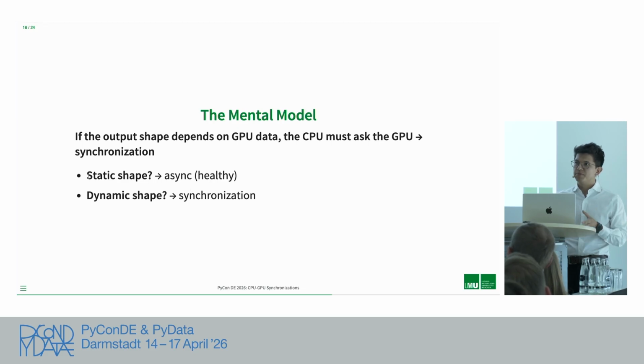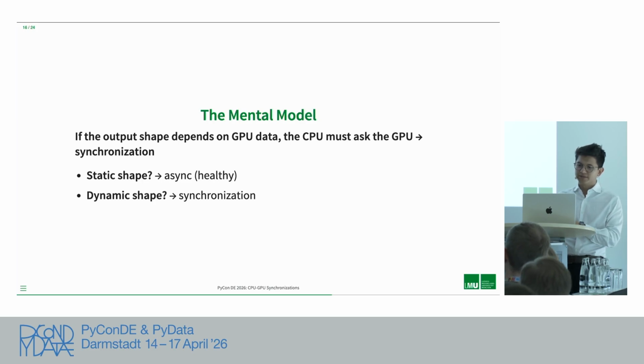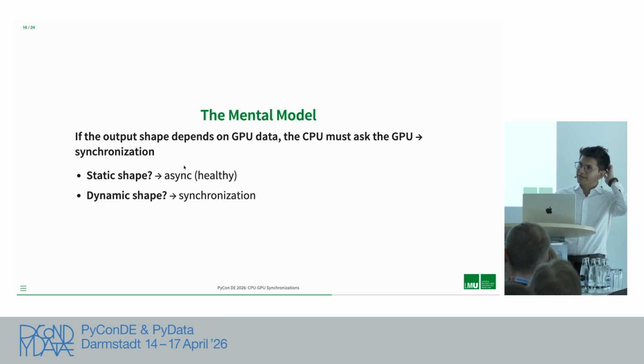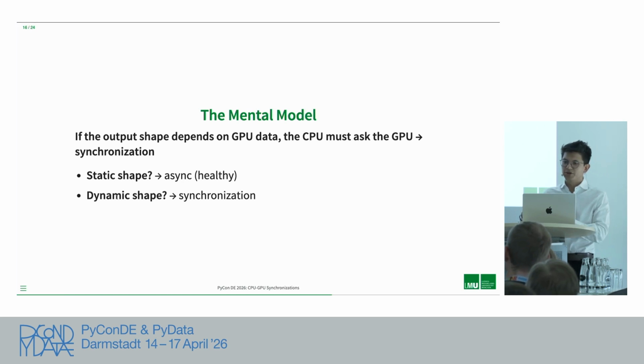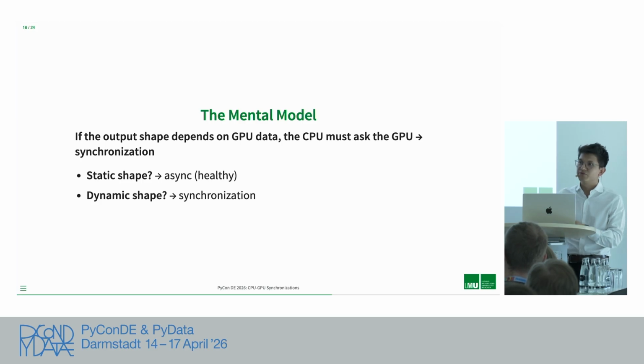So the rule of thumb, or mental model, should be: if your tensor has a static shape that is known in advance, then you can have async operations on it. If it definitely has a dynamic shape, then it's likely that you will have some operation that triggers a synchronization.